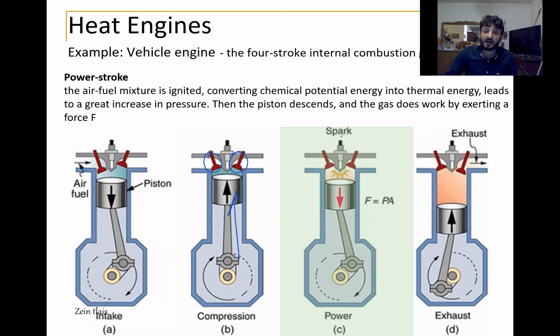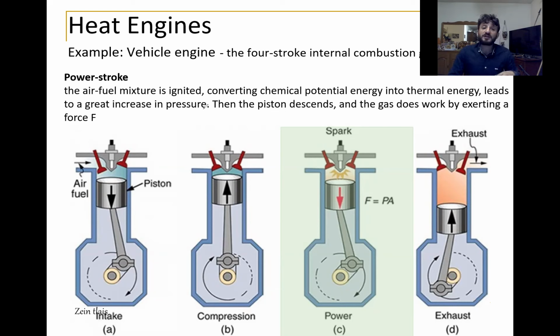Here you have a spark plug to ignite the fuel, and in this case we convert the chemical potential energy, I mean the mixture of fuel and air, to thermal energy. You get some quantity of heat. This quantity of heat is Q hot added to the system. So by this operation, you create a quantity of Q hot added to the system, okay?